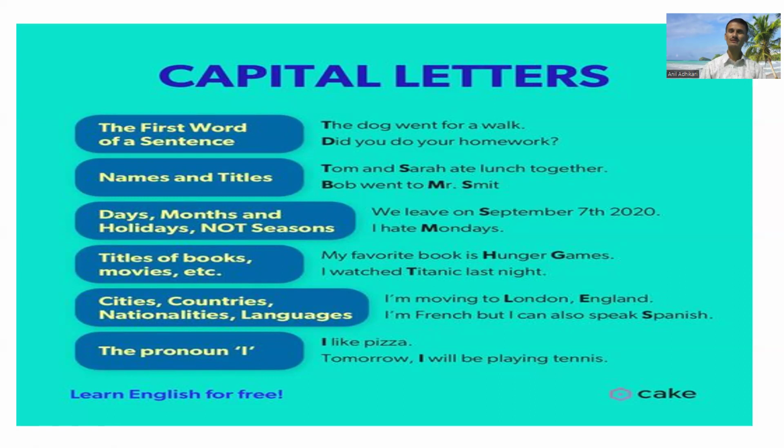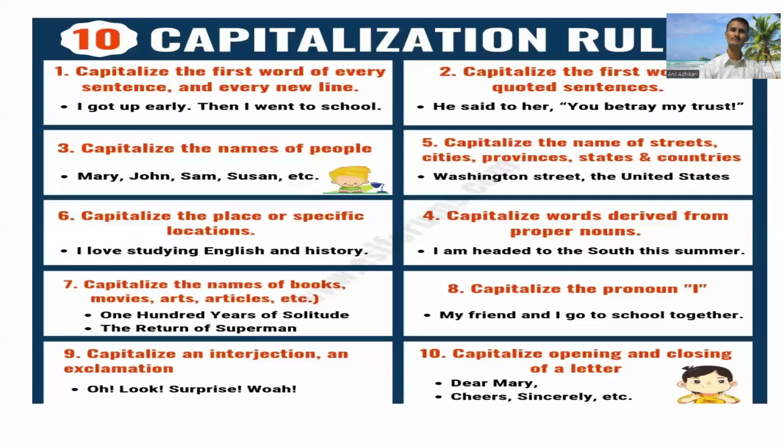In your textbook punctuation exercises, basically in your examination, such types of questions may come. You have to focus on where we have to give capitals. After ending with a full stop, you have to give a capital also. Okay, now let's look at another rule of capitalization.